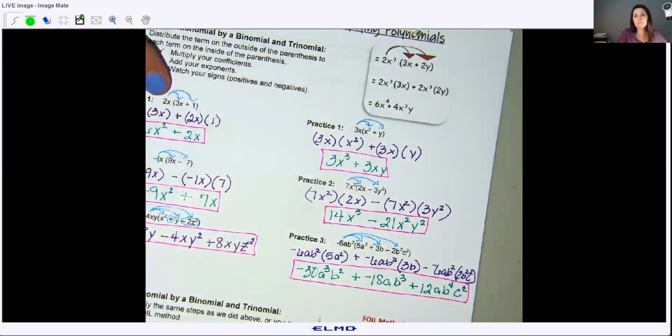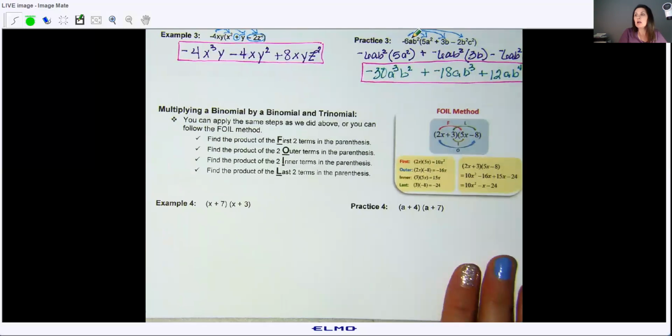Now we are going to come down here. This is something that some of you may have heard before, and we're going to multiply two binomials together. And a lot of times they use the method of FOIL, but you can also treat it as a problem using the distributive property. So I tend to use FOIL, but I will show you one of each and then you can use whatever works for you.